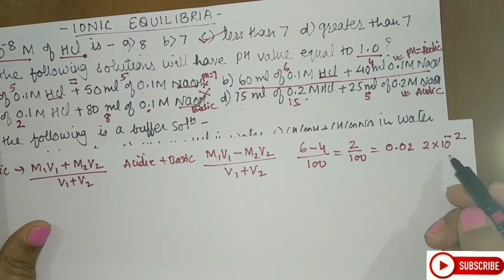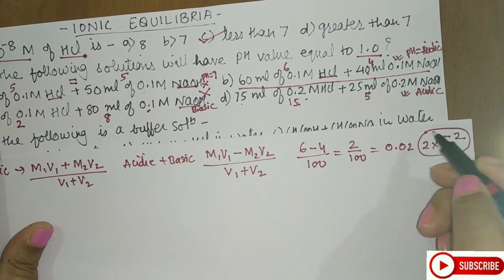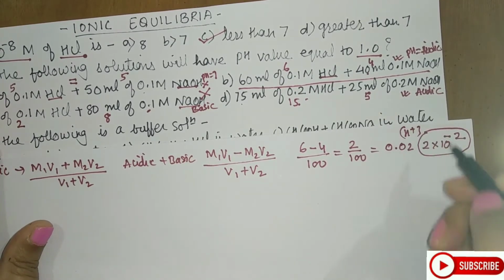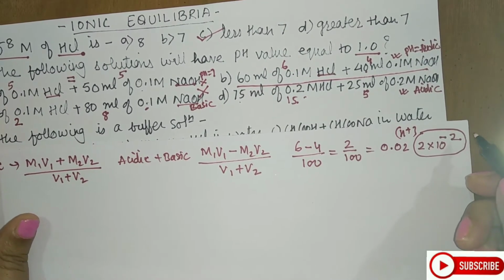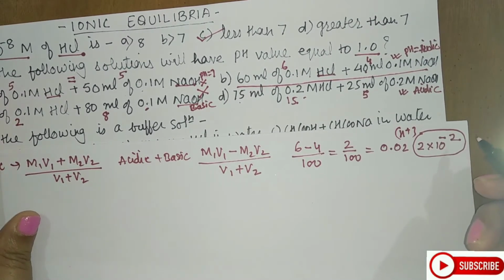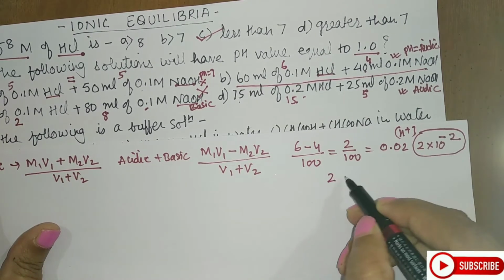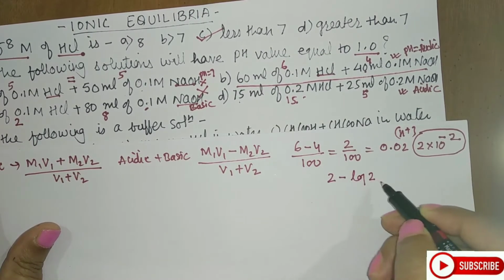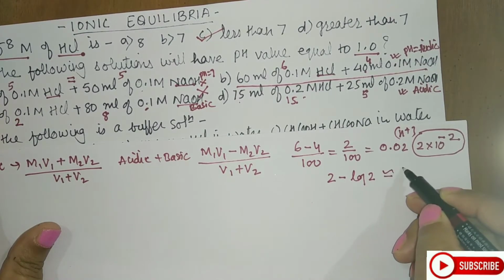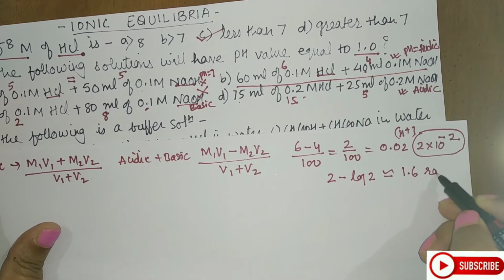How to solve this students? This will give me the H plus ion concentration. Now you can please refer to pH calculation videos for further details. It will be 2, this is raised power, minus log of 2. Log of 2 is 0.3010. So your answer will be nearly in the 1.6 range.